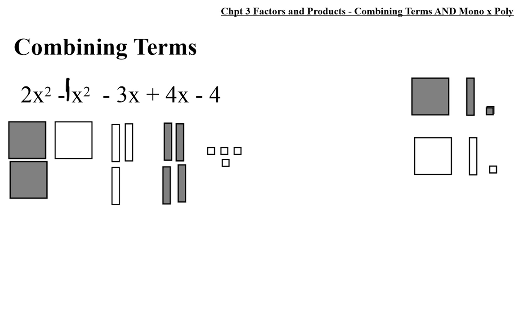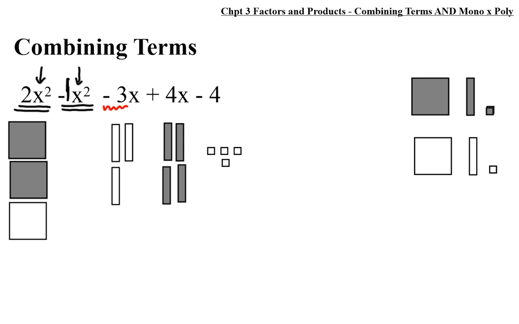I see that x squared is the kind of term that is. Do I have any x squared terms besides it? I do. So 2x squared and -1x squared, those are like terms. And if I take a look at the shape of them, I see that all of my x squareds can go together.